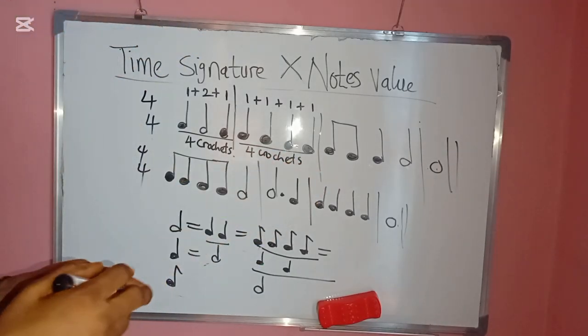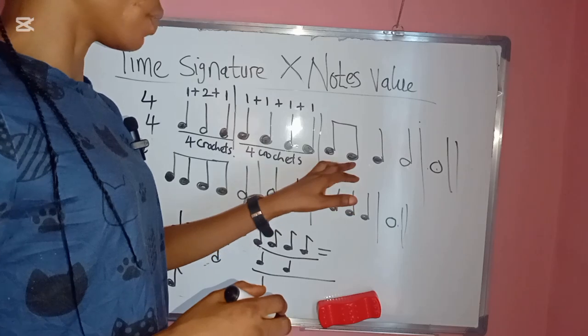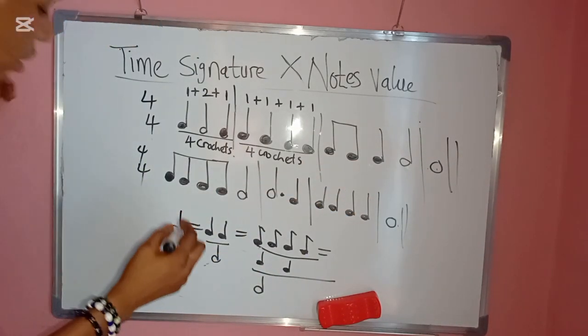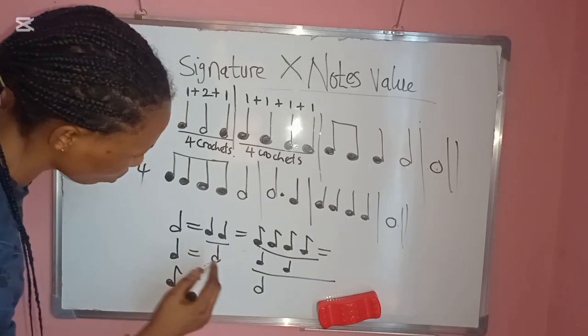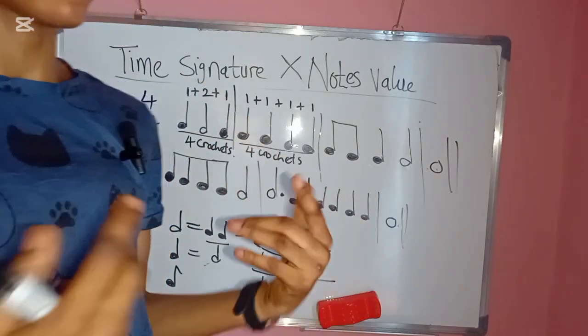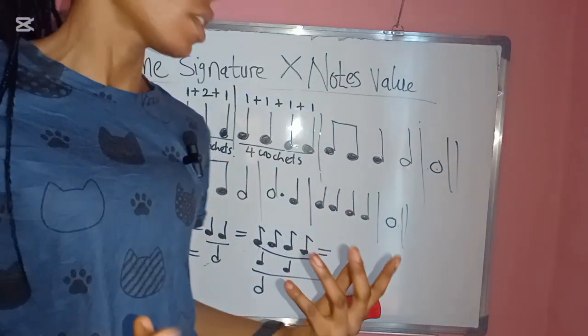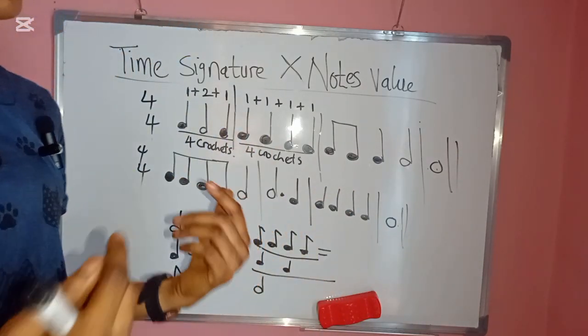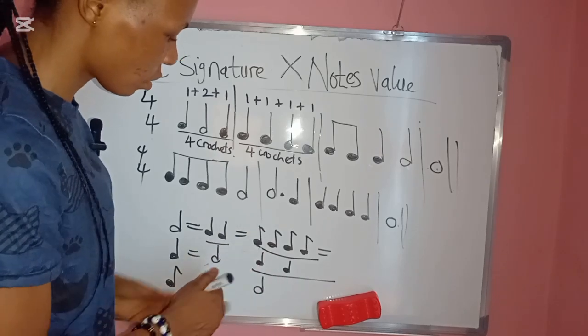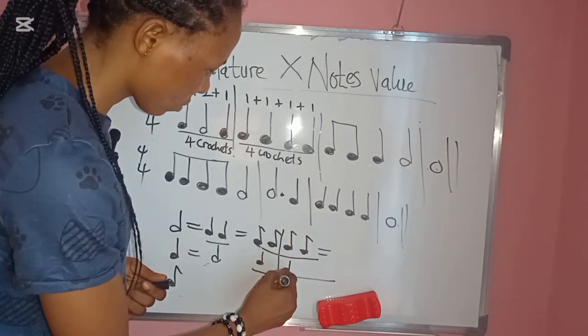Now we move to this one. You see that these are quavers. And what is the value of quaver for crochet? Quaver is the junior brother of crochet. That means you need 2 quavers to get 1 crochet.